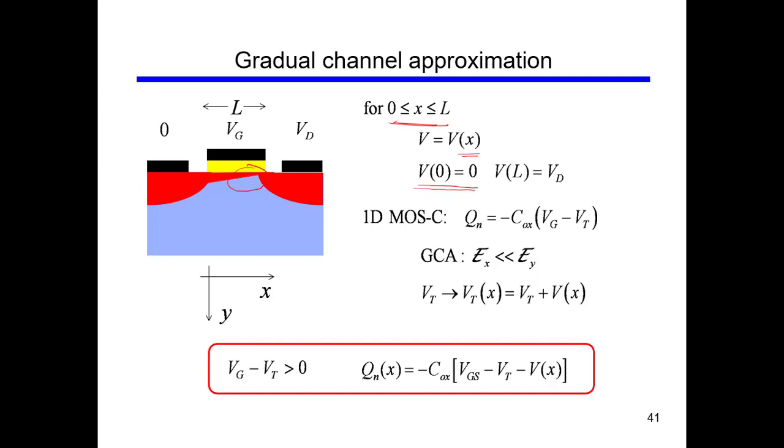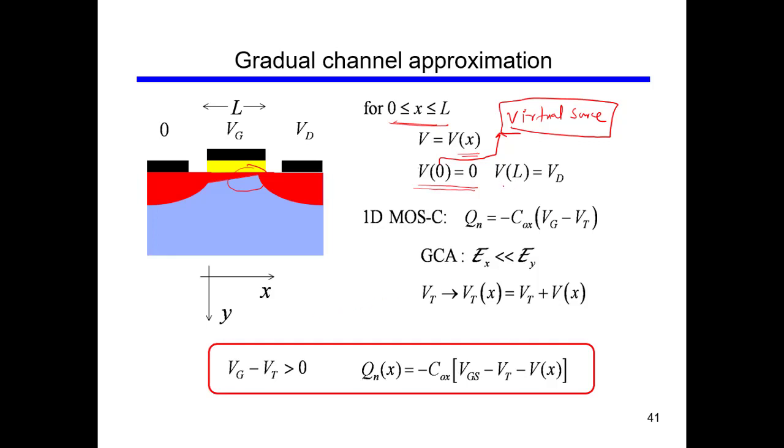So at V0, which is our virtual source, this voltage is 0. Okay, remember that this voltage is due to the drain.